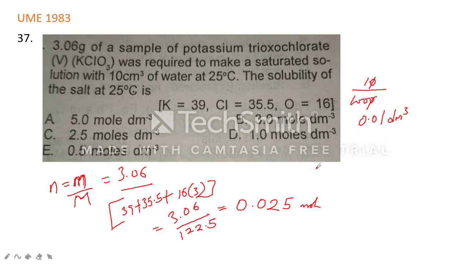Then my solubility will now be 0.025 over 0.01, and that will be equal to 2.497, which is approximately 2.5, which is option C, which stands for correct.